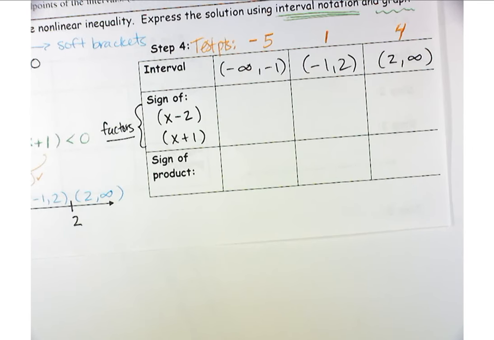Okay, please go ahead and if you feel like you can do the rest of the chart, do it. I am going to walk you through the first part of the next one. With 1, 1 minus 2 is negative 1, so this would be a negative. If I plugged 1 into the bottom factor, 1 plus 1 is 2, which is a positive.